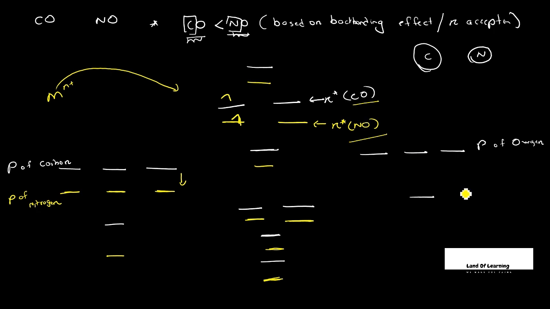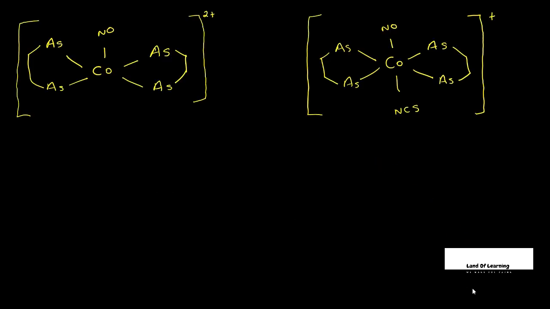So now let's move into a simple exercise. Okay, let me give you the exercise. So this is the question. I'm going to ask you about the geometry, the bonding mode of the nitrosyl ligand. In this complex, does this nitrosyl act in bending mode or linear mode?